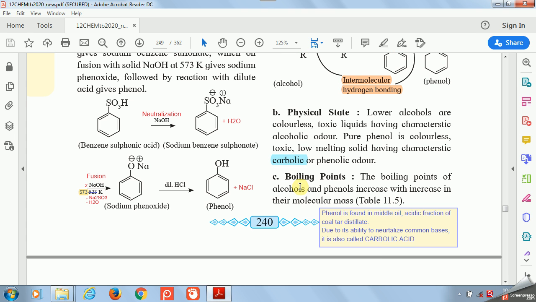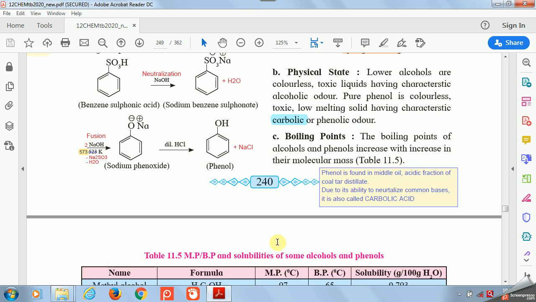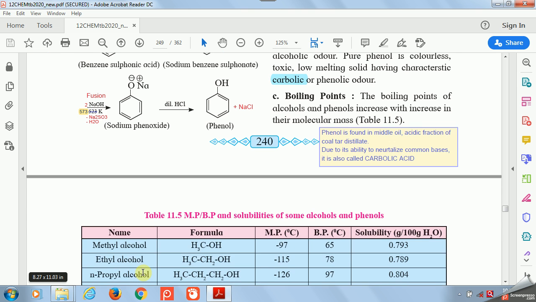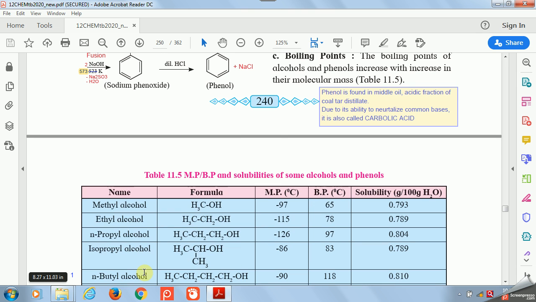Then next is the boiling point. The boiling point of alcohols and phenol increases with increasing molecular mass. So if we consider the homologous series of the alcohol family, methyl alcohol, ethyl alcohol, N-propyl alcohol or N-butyl alcohol, here the number of carbon atoms goes on increasing.